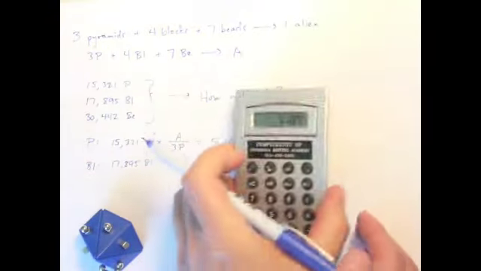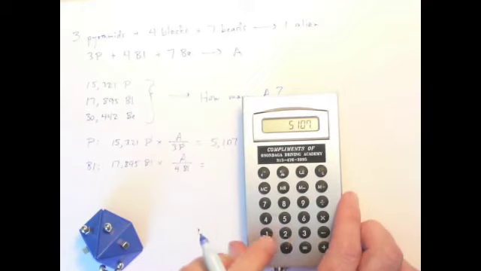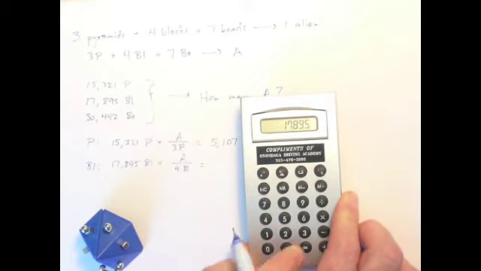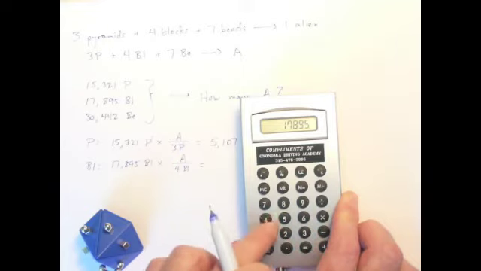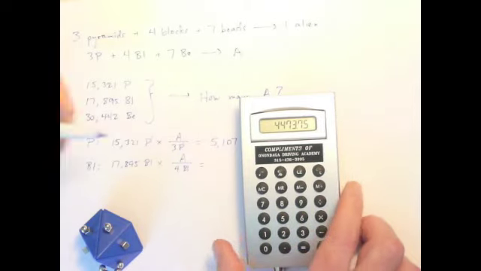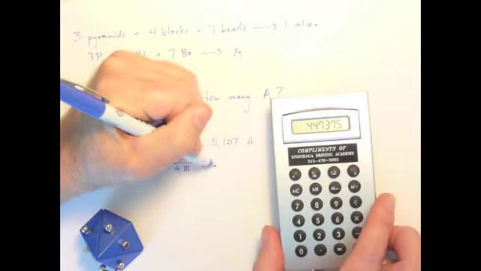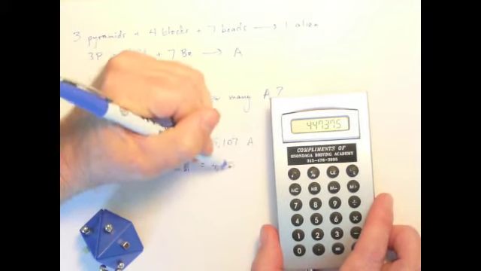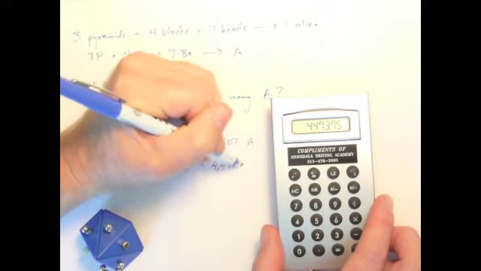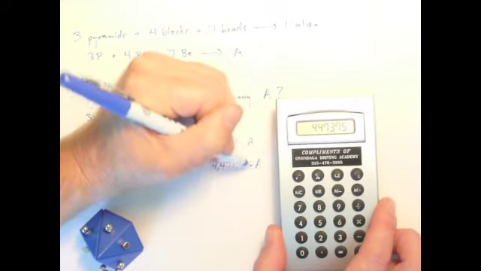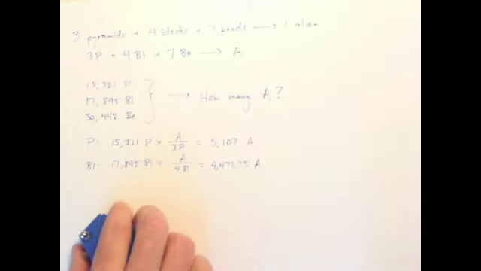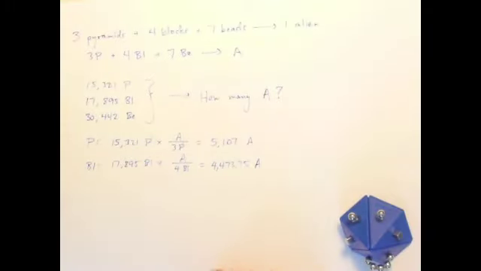And so now we have 17,895 divided by 4, and that is 4,473.75 A. We're dealing with non-whole numbers now, but that's okay.